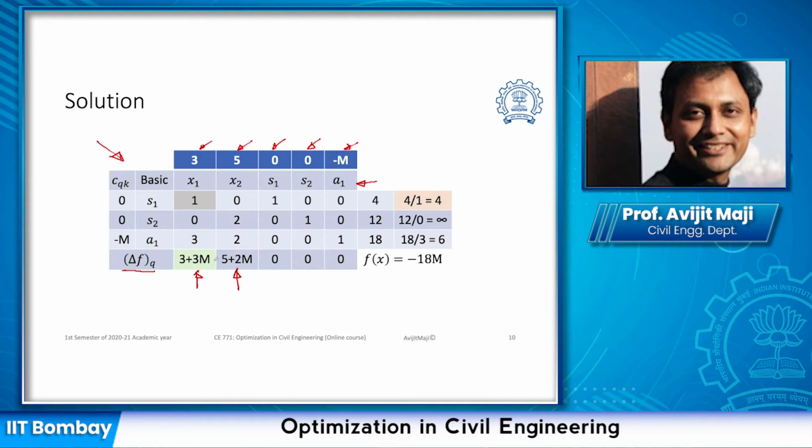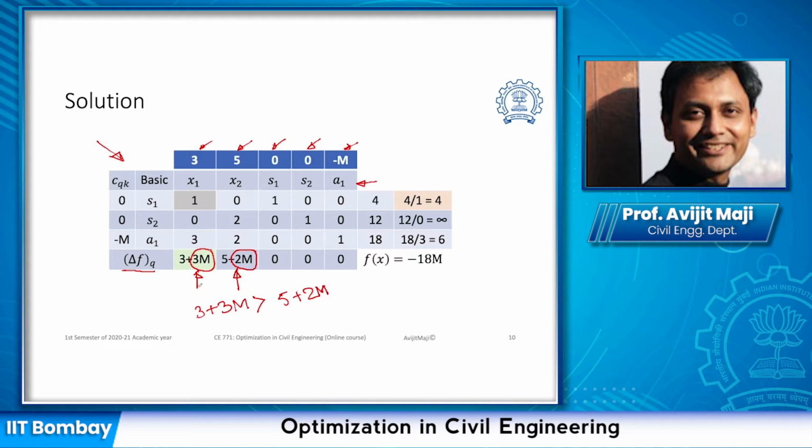In this case, we see that x1 has a quantity 3 times M, whereas x2 has a quantity 2 times M. Since M is a very big number, and with respect to this big number, all the other coefficients have a minimal or negligible effect on the objective function value, then we can clearly see that 3M, or rather we say 3 plus 3M, is substantially bigger than the 5 plus 2M.